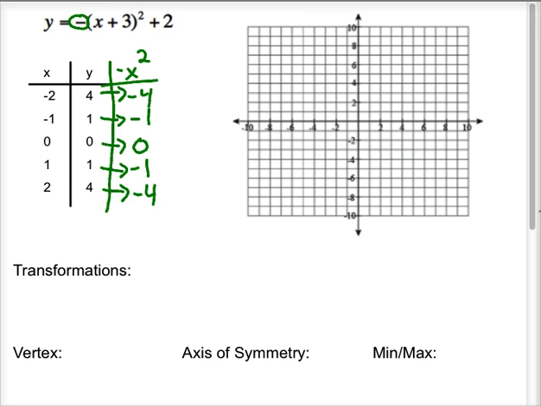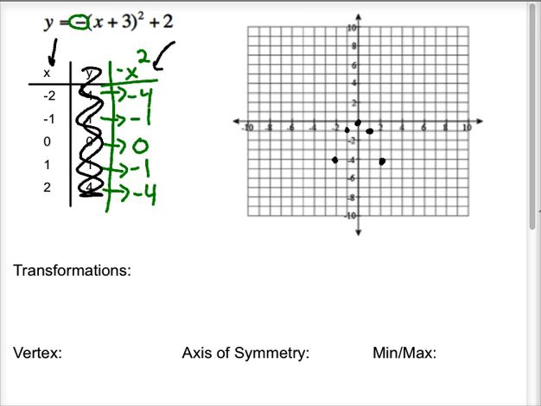Okay, once I do that, now I don't need that middle column anymore. These are my x's and those are my y's, so I can plot those points. So I get -2, -4. I get -1, -1, 0, 0, 1, -1, 2, -4. So I get those values right there.